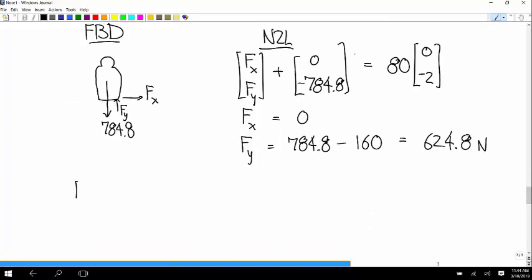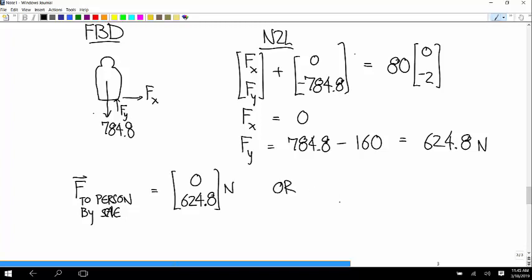And so the force applied to the person by the scale is 0, positive 624.8 newtons, or that means an upward force with a magnitude of 624.8 newtons.